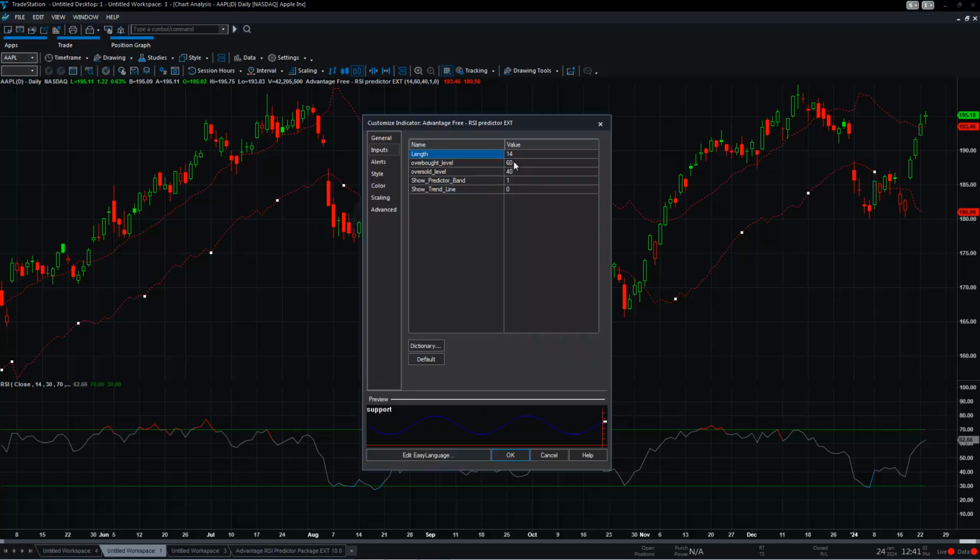What you have to do is, let's keep it at 60 and 40 and do show trend line.